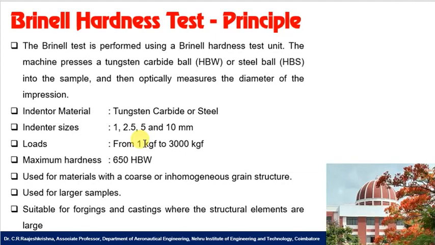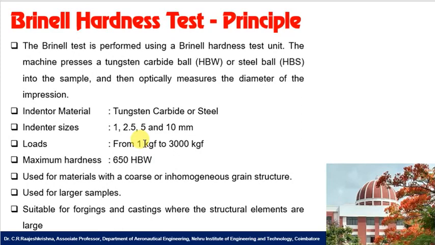The load applied is 1 kgf to 3000 kgf. The maximum hardness you can find using the Brinell hardness test is 650 HBW. Between 650 HBW and 650 HBS, 650 HBW is harder because W is the tungsten carbide indenter.